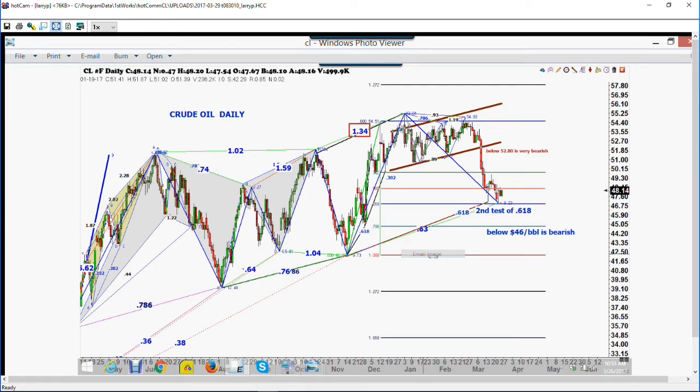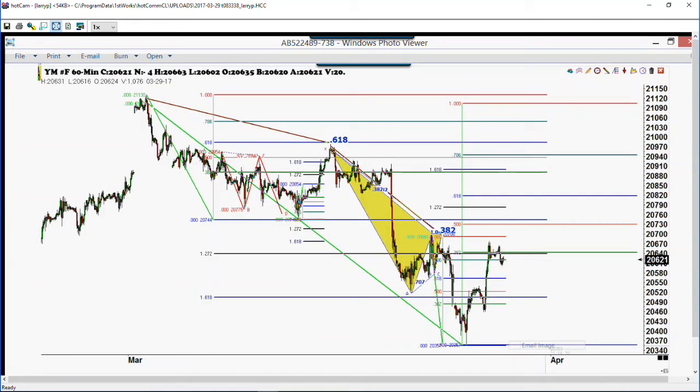I don't think we're going to see it in the New York Stock Exchange Index or the Dow Jones futures or anything like that. The Dow Jones futures, if we take a look at this one, let's just put this up, you'll see this barely is making a 382 retracement of the whole move down from 21,000. See, it dropped 800 points, and we've only been back 300 points.